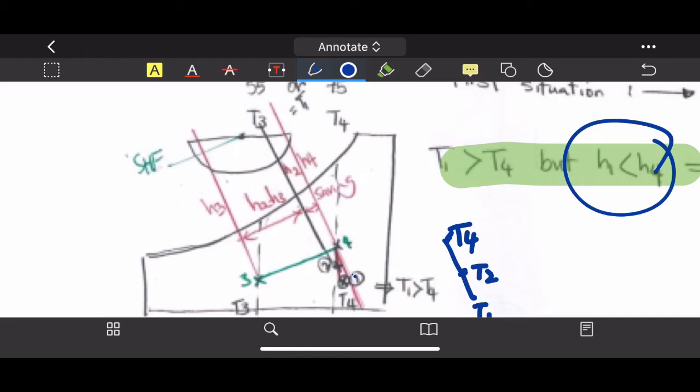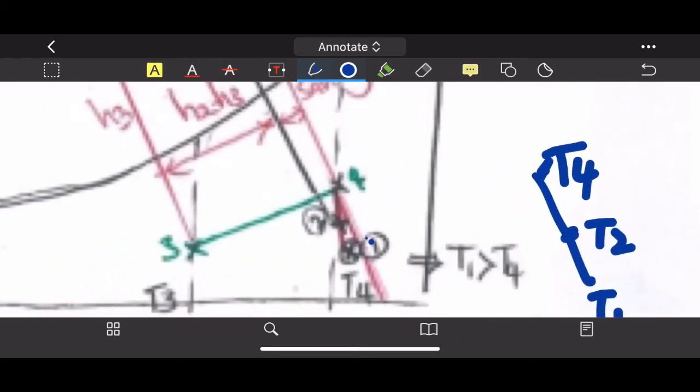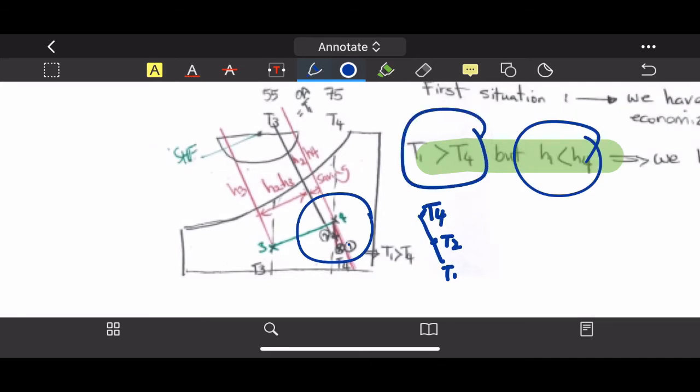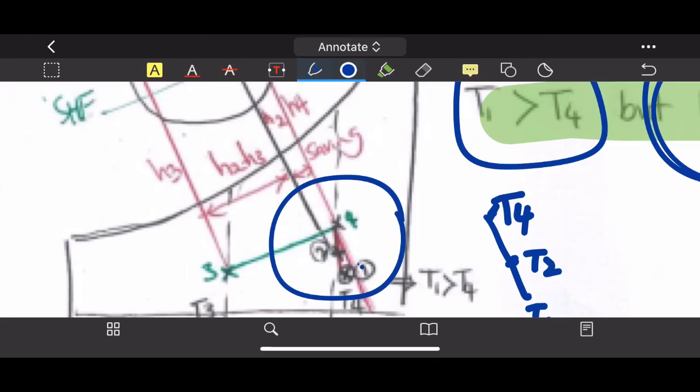So what we'll do when the room is already cold, because we are using this as an aircon, we close line number 6. The cool air will mix with hot air number 1, so it will mix to become number 2. So the room will become a bit warmer, but not that warm. But we must maintain this scenario. So even though T1 is bigger than T4, H1 is less than H4. If you look closely, this is your T1, T2 and T4.